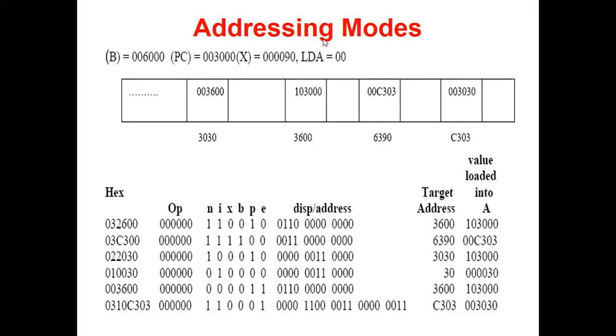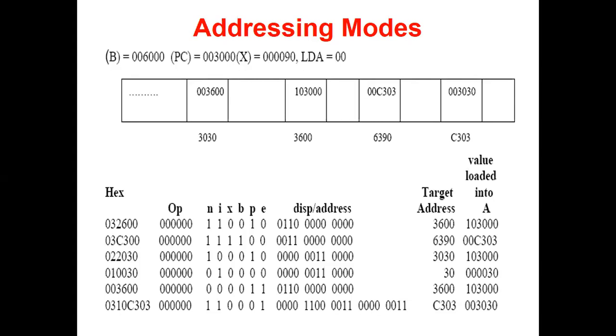So you add what is in the program counter plus the displacement. Now let us add the program counter. They are saying here that register B has 6,000. The program counter, they said it is 3,000. Is that right? So the program counter is 3,000 plus the displacement.